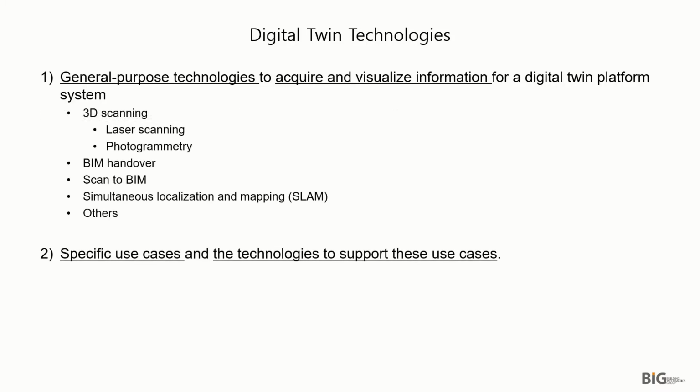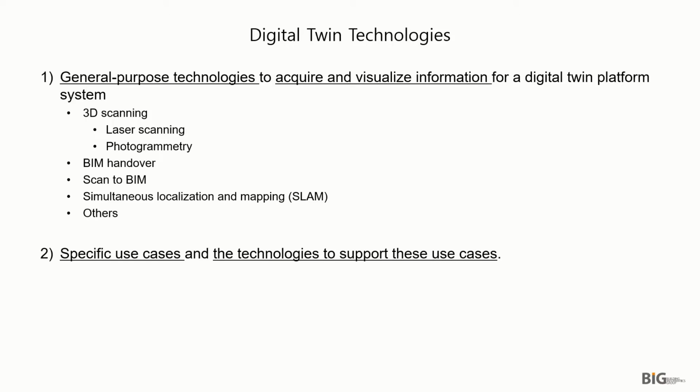We talked a lot about these technologies yesterday, and I realize you are now familiar with the term scan to BIM. I think most of you know this term, but scan to BIM is different from plain 3D scanning because it requires an additional step to convert surface models or solid models into an object-based model.